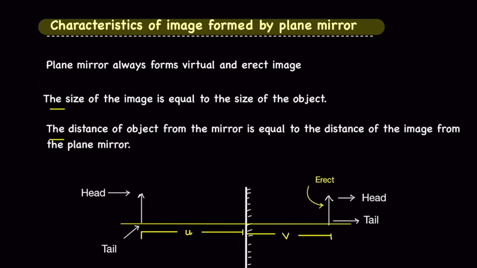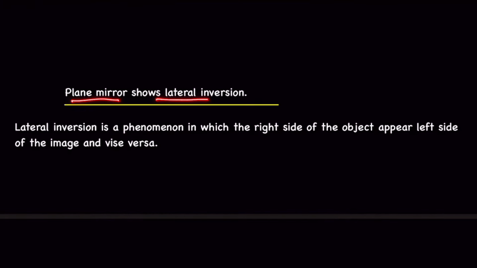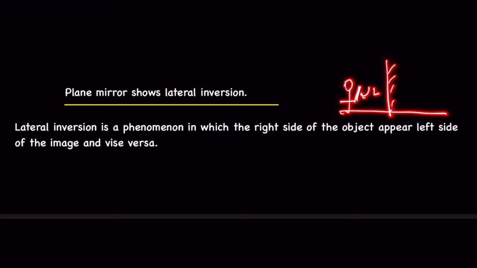Next characteristic is that a plane mirror shows lateral inversion. Lateral inversion is a phenomenon in which the right side of the object appears on the left side of the image and vice versa. It means that if we have a plane mirror and here is a person, if the person raises their left hand, in the image it shows the right hand.